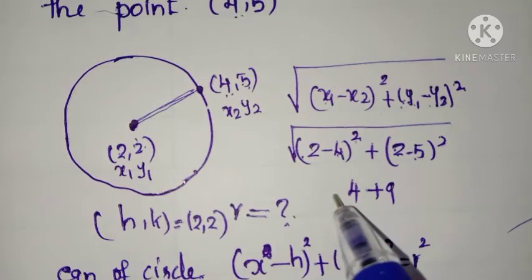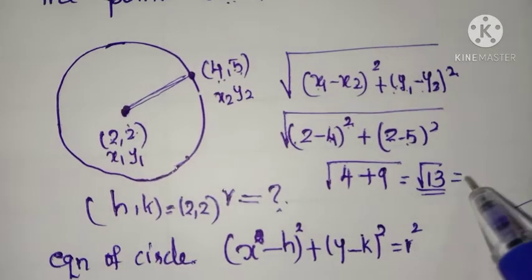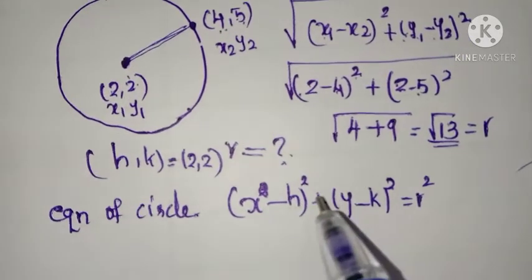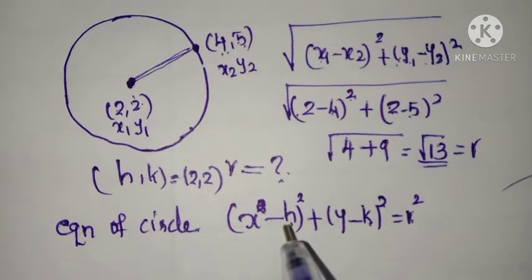So 4 plus 9 is 13, and the radius is the root of 13. So put h, k, and r into this equation.